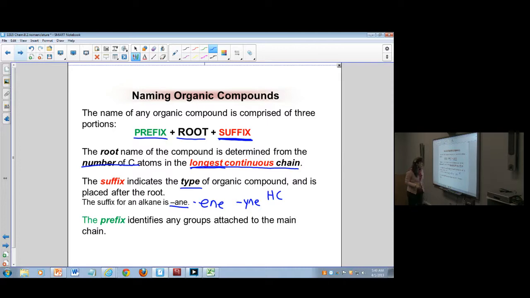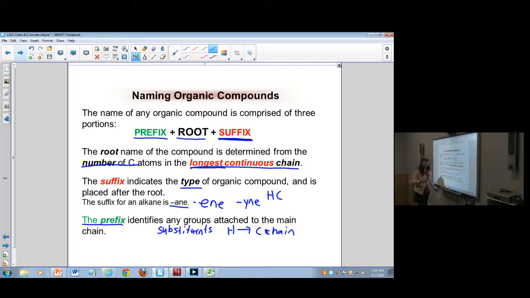And the prefix tells us what the substituents are, the substituents on that chain. Instead of having a hydrogen as part of the bond, there will instead be some carbon chain.